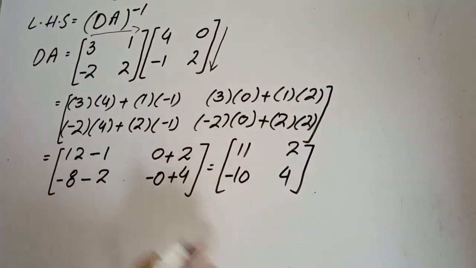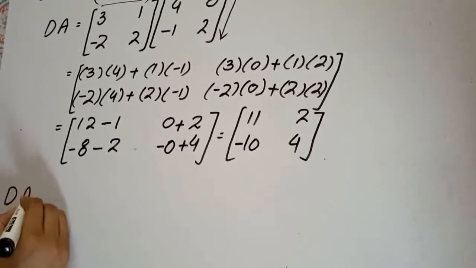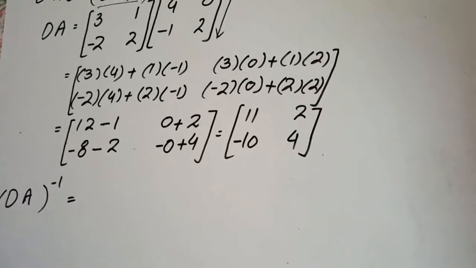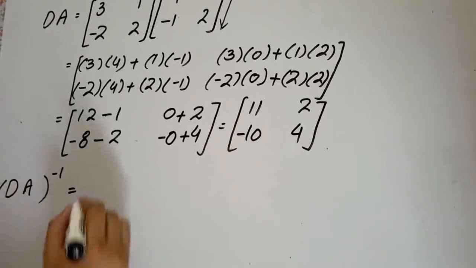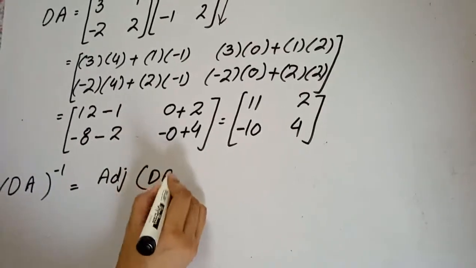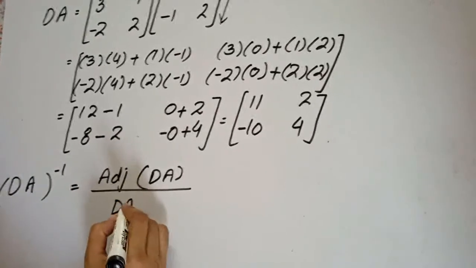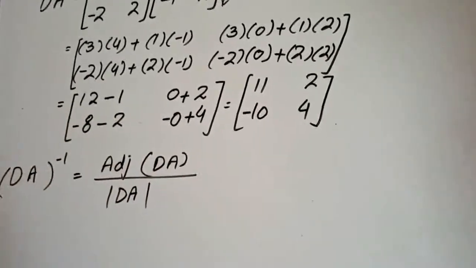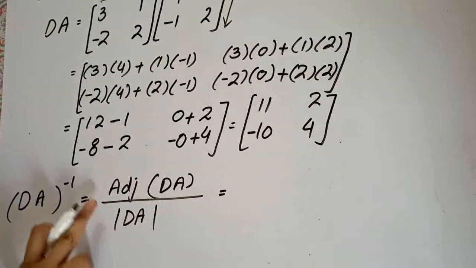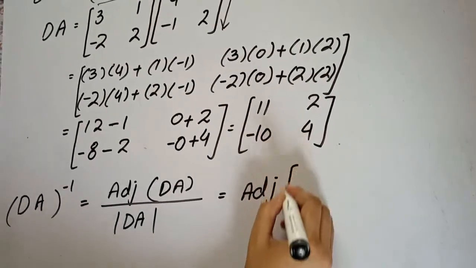Now we'll find the inverse of this matrix. As you know, the formula for the multiplicative inverse of any matrix is the adjoint of that matrix over the determinant. So here, first of all, I will write matrix DA.